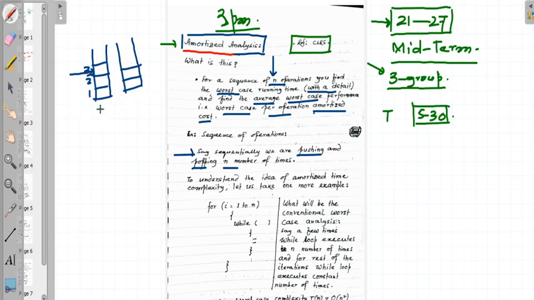One, two, three, and then another pop. So this is push, and then we are having another push. Then another push, and then pop. So these operations have happened so far. This is called a sequence of n operations happening.